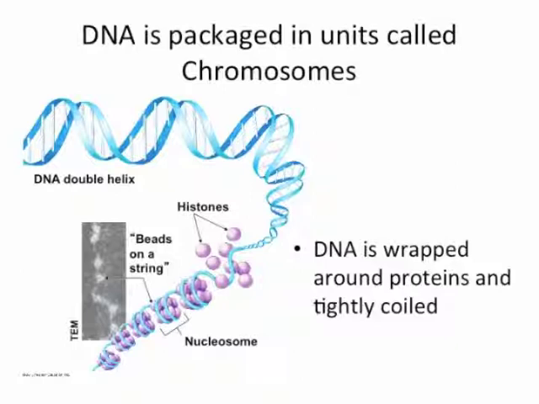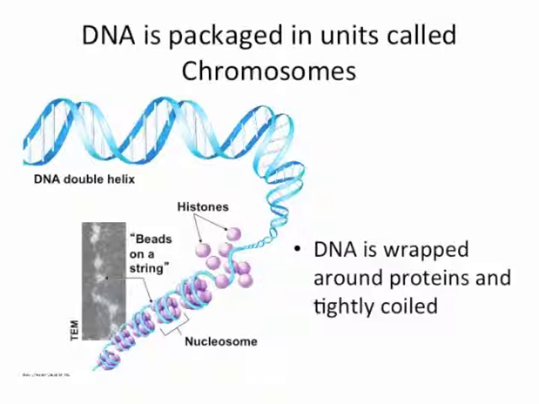So one thing that makes it easier for DNA to move during cell division is the way that it's packaged. Just like if you were going to move out of your apartment into a new apartment, you would take your belongings and you would pack it up, put it in a box, and then pack it in a truck and move it. You wouldn't just take all your belongings and shovel them into your car, right?